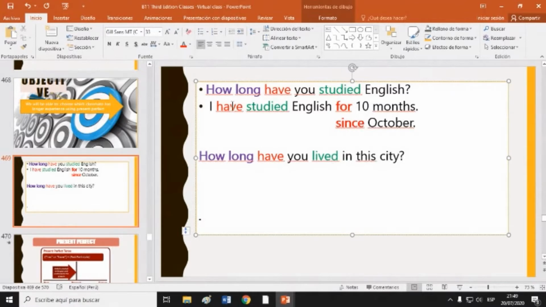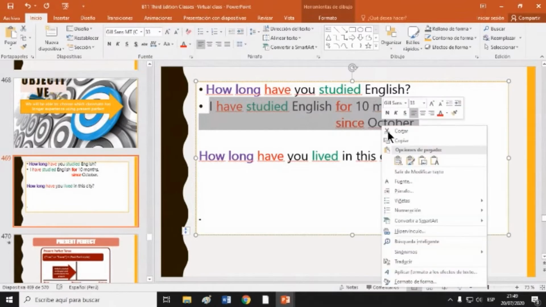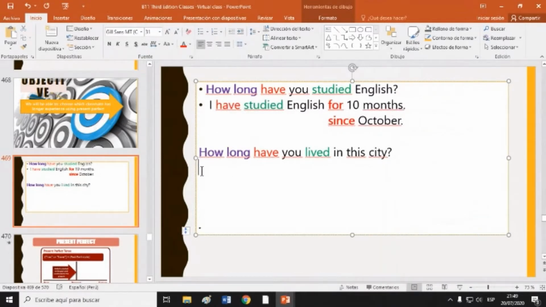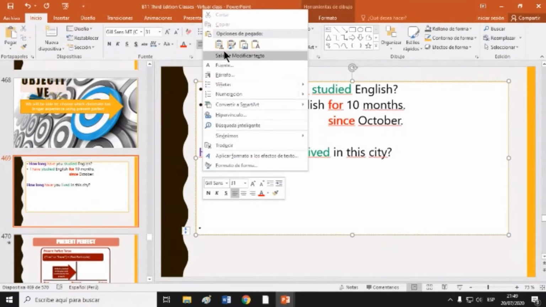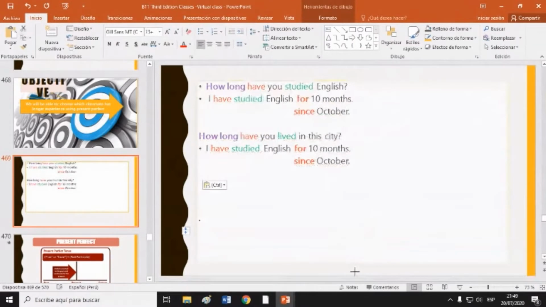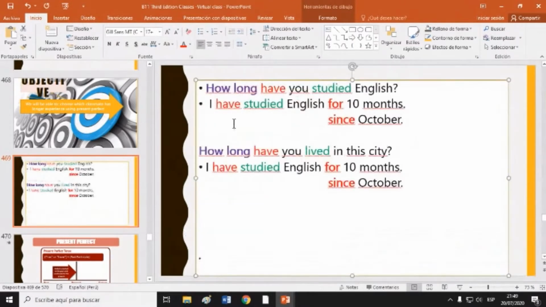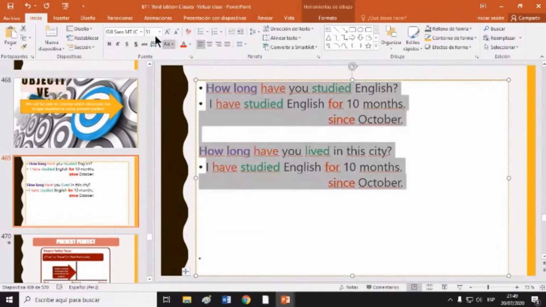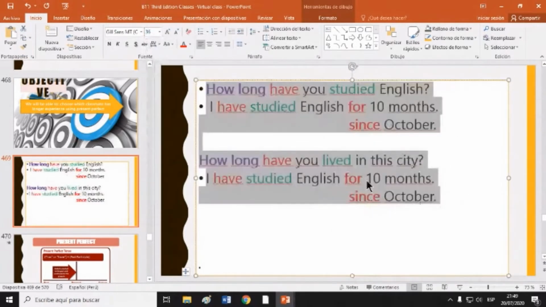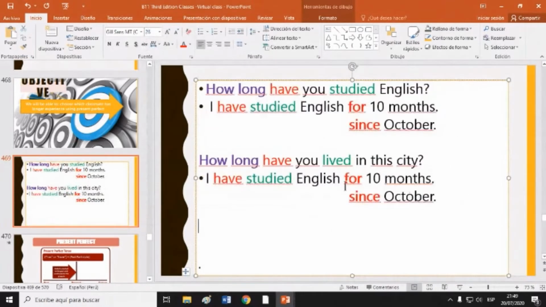Yeah? So similar to this, you can say here. And let's make it bigger. Yeah, for example, how long have you lived in this city?